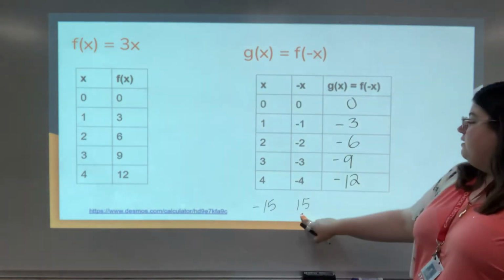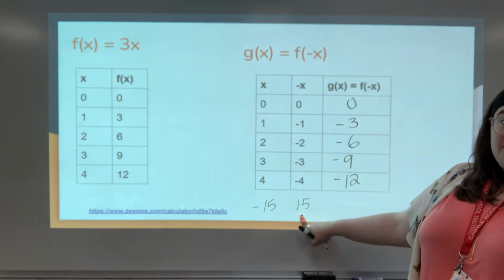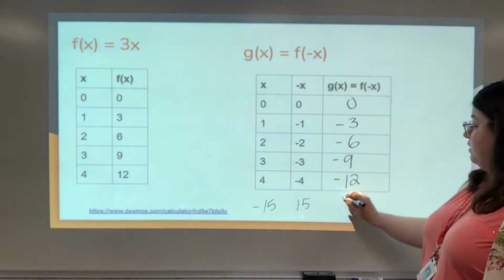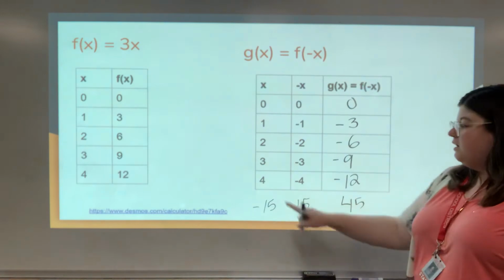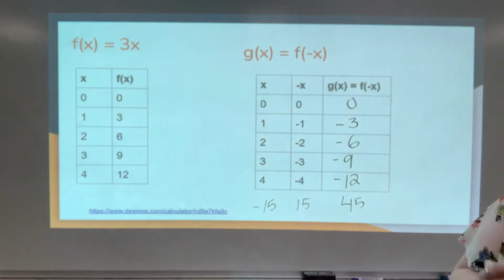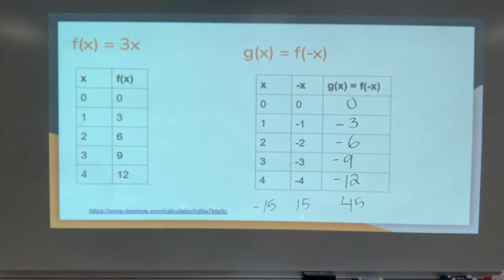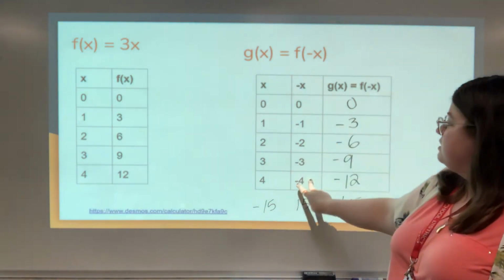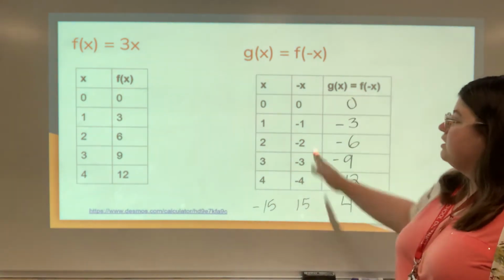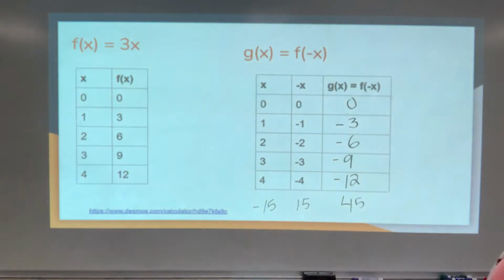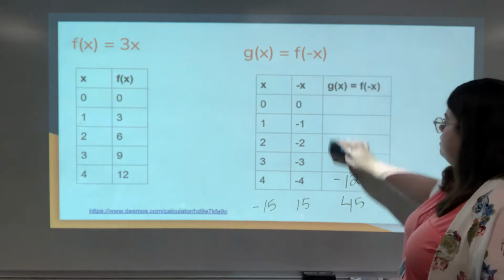Negative 12. 3 times 15 is 45, all right? Again, you can add whatever inputs here. You just got to follow that function rule. So again, since the change is happening on the inside of my function, I need to change the inputs here and then apply the function based on these new inputs, all right? Pause if you need to. We're going to take a look at this.